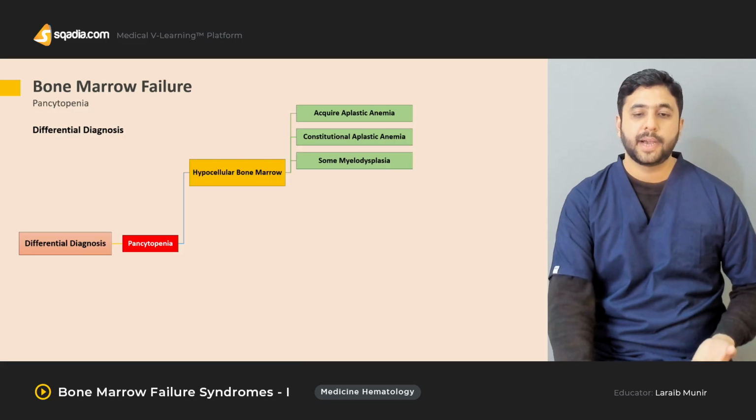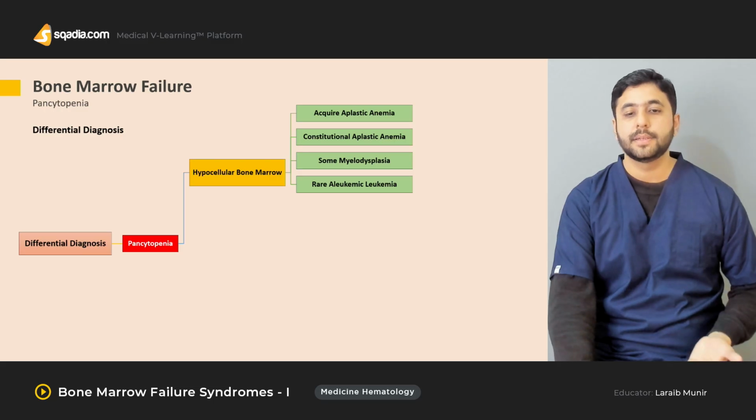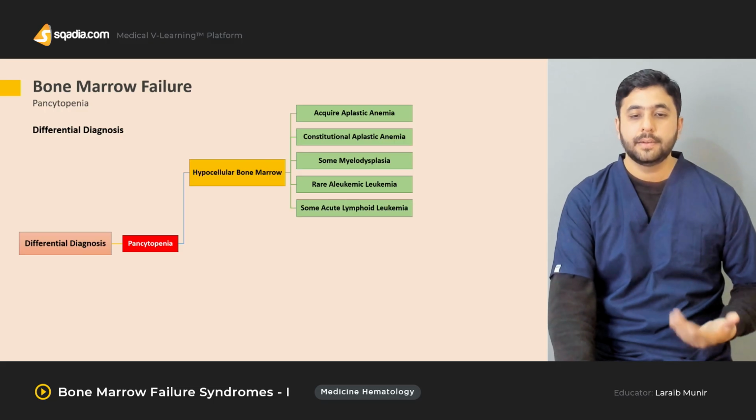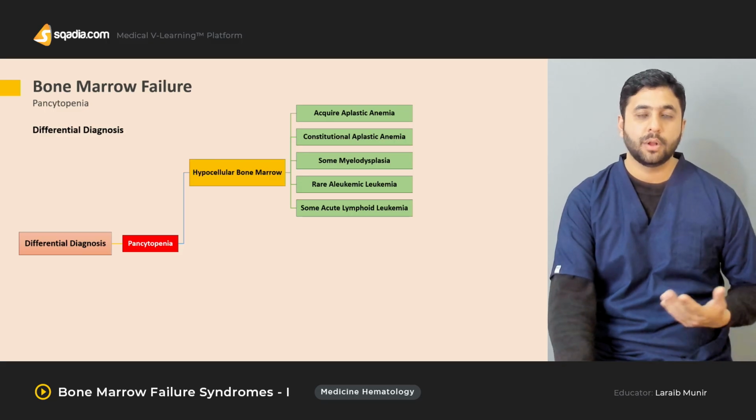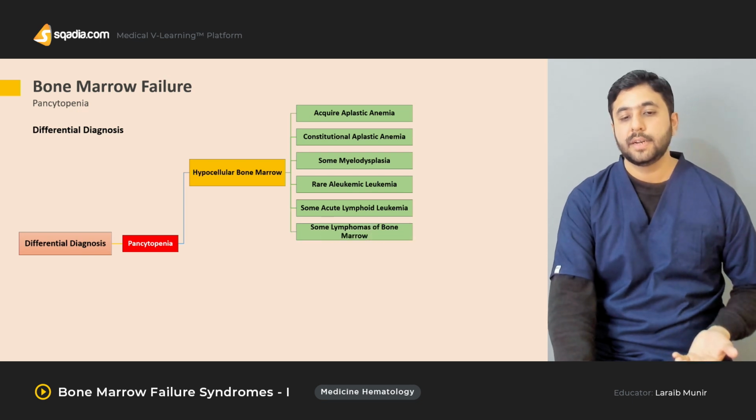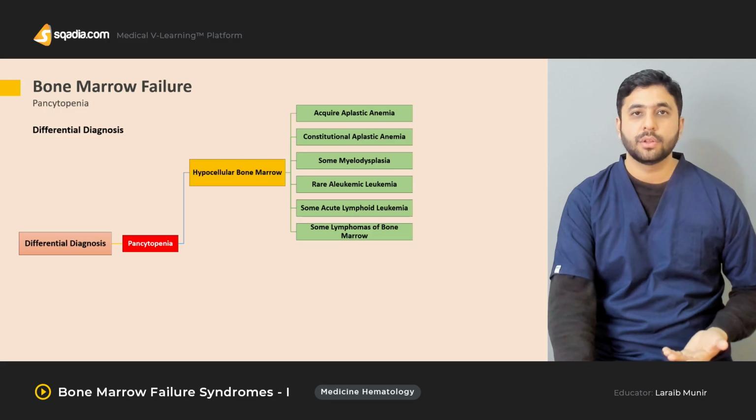And certain types of myelodysplasias also present with a hypocellular bone marrow. Some rare aleukemic leukemias, which are very rare disorders, and certain types of acute lymphoid leukemias, or ALL, also have bone marrow hypocellularity. And then certain lymphomas of the bone marrow can also present with a hypocellular bone marrow.